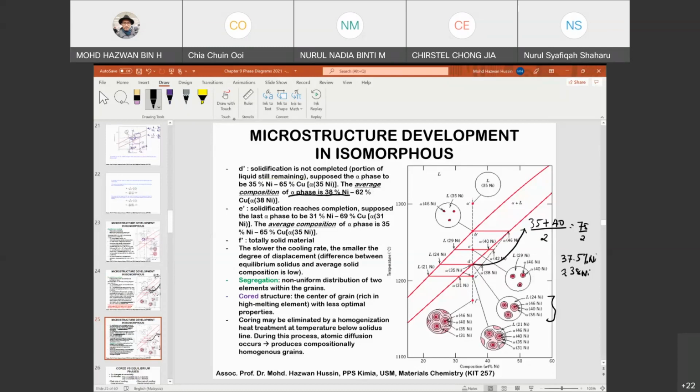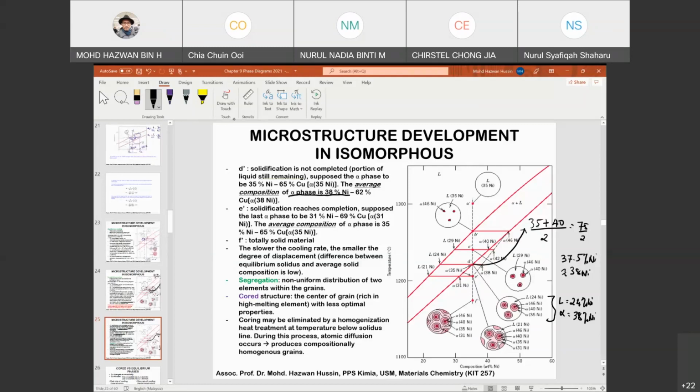If you want to draw the actual composition, liquid is equal to 24% of nickel, and alpha is equal to 38 or 37.5% of nickel. Right. So it is actually the average of the previous composition, right? So what about E prime?